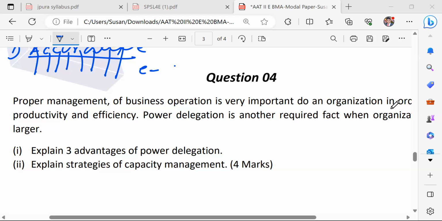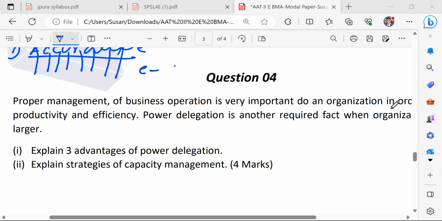And that is creating a good relationship among the hierarchy. In the hierarchy, power delegation builds a good relationship and connectivity, right? And as well as that is very good for employee development, right?